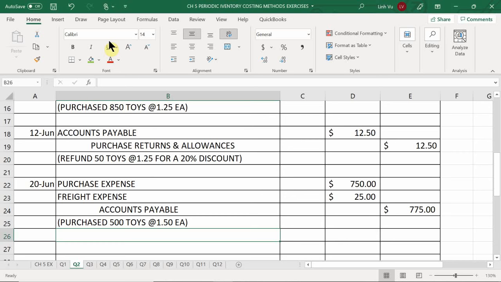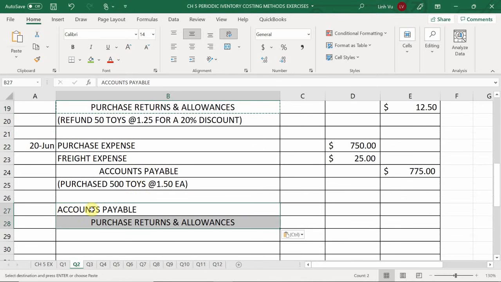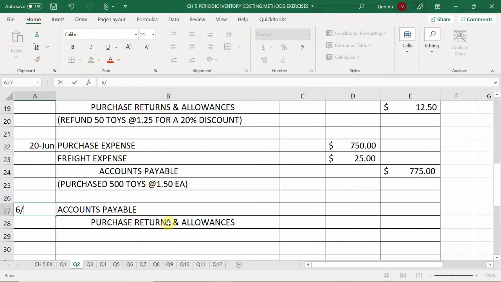With the accounts payable and purchase returns and allowances. Good. And is it going to be 20 toys at $1.50, right? Correct. Alright. Because in this case, my assumption is that it's from my batch of inventory that I just bought.